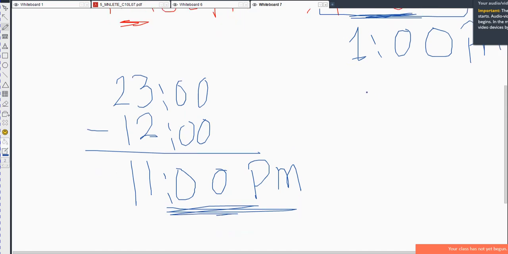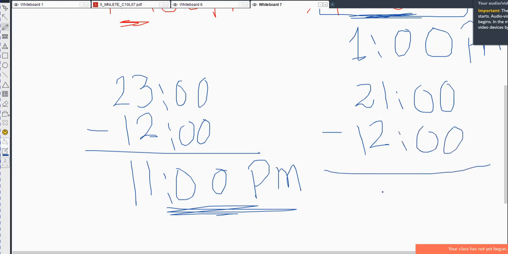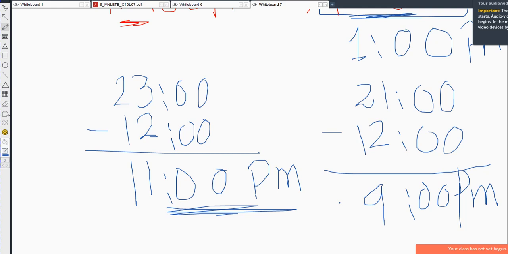What about 21? The time is 21. Subtract 12. 21 minus 12 equals 9, so it will be 9 p.m. Okay guys, if you want to convert a time greater than 12 to p.m., just subtract 12 from it.